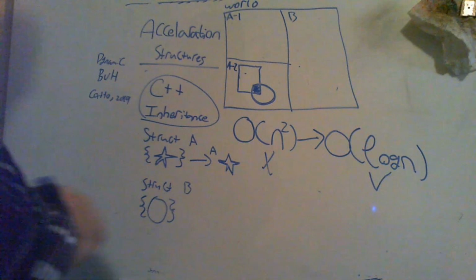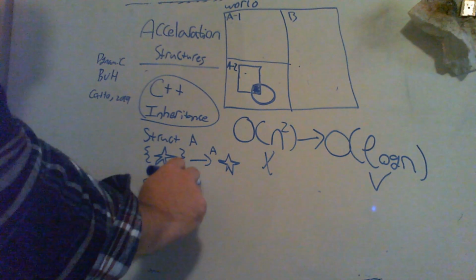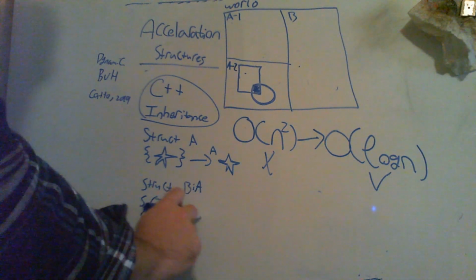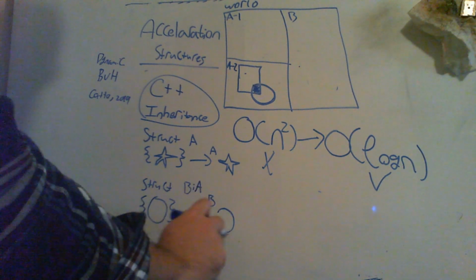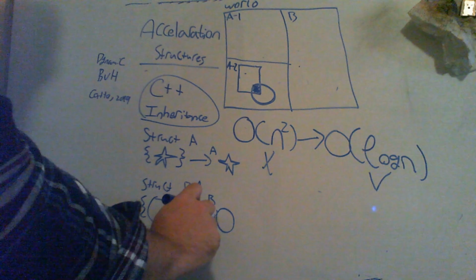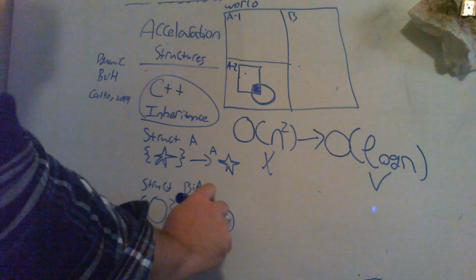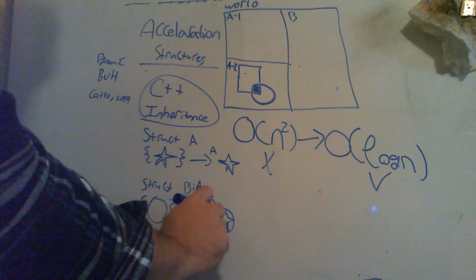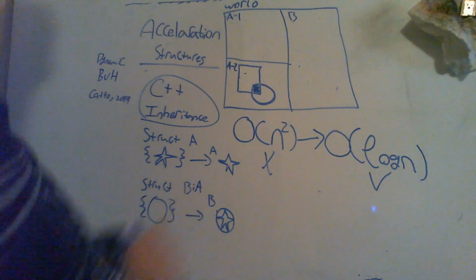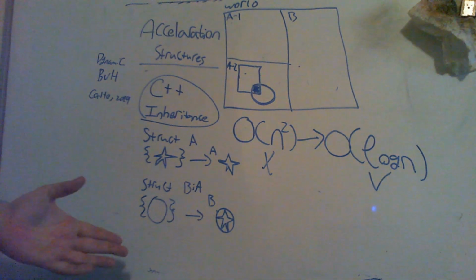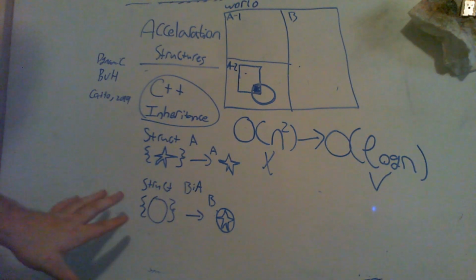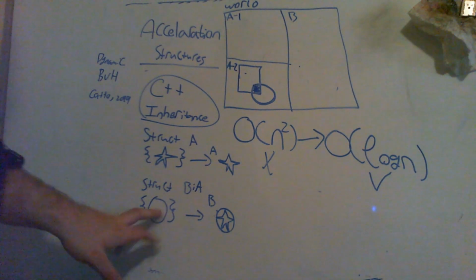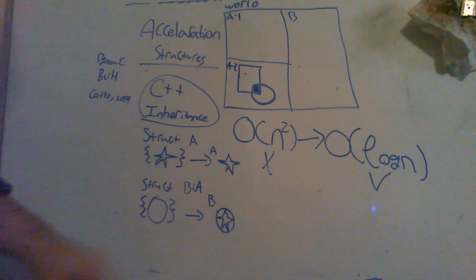It's a little star. But if B ends up inheriting from A, we would say B is not only the circle, but it's also the star. And so this is a good way to think of C++ inheritance. We take our object and then we just add everything else into it.